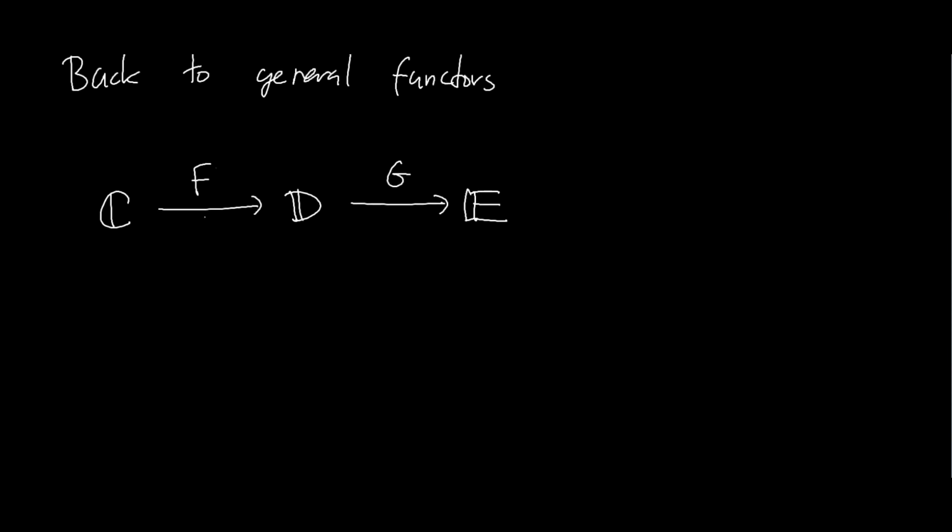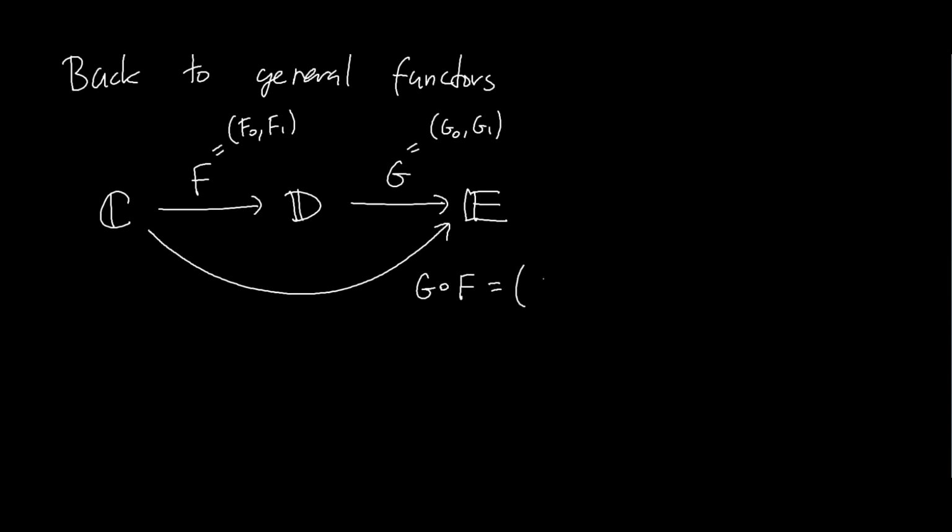Well, remember, a functor is a pair of maps: F0, F1, G0, G1. I could try to define the composite of functors just by composing each coordinate, so to be the composites of those coordinates.